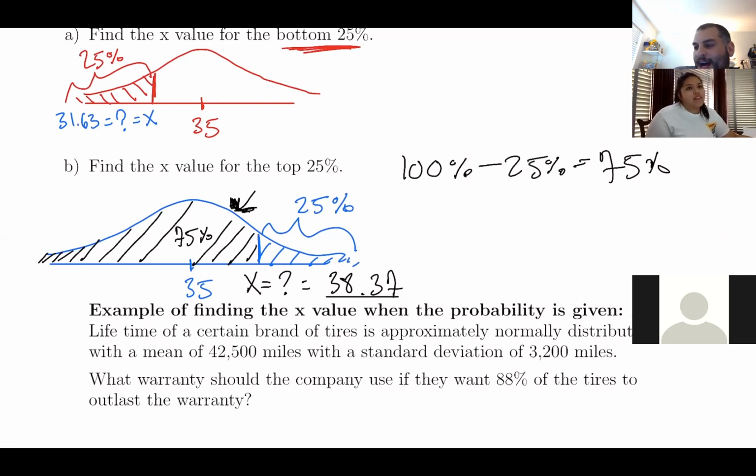The calculator has a limitation: it always wants the probability to be on the left side. So if I know the probability of the right side is 0.25, in order to tell it to give me the top 25%, I have to tell it the probability of the left side is 0.75. Okay.